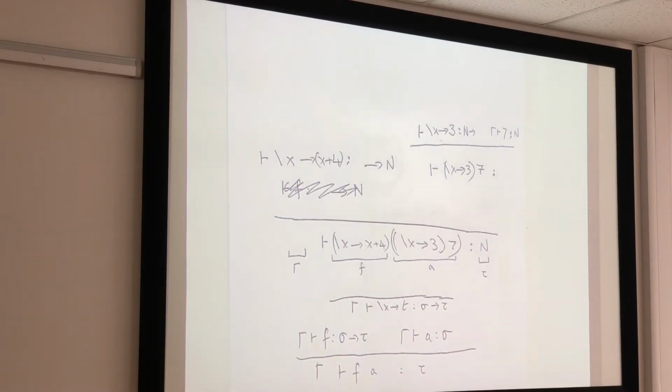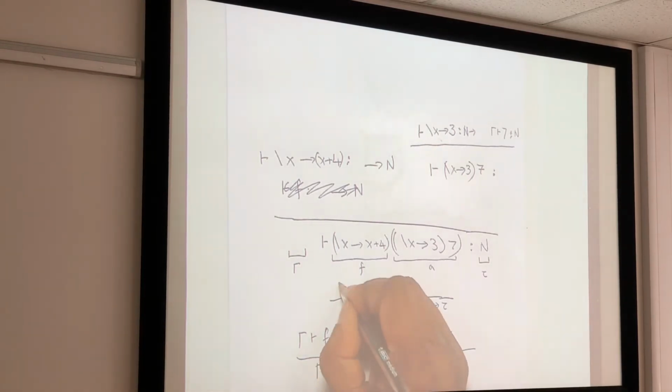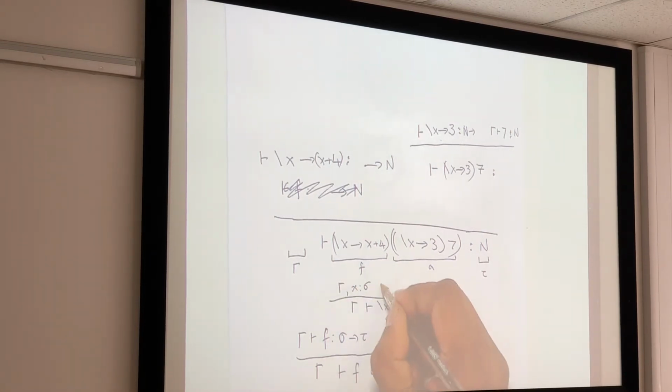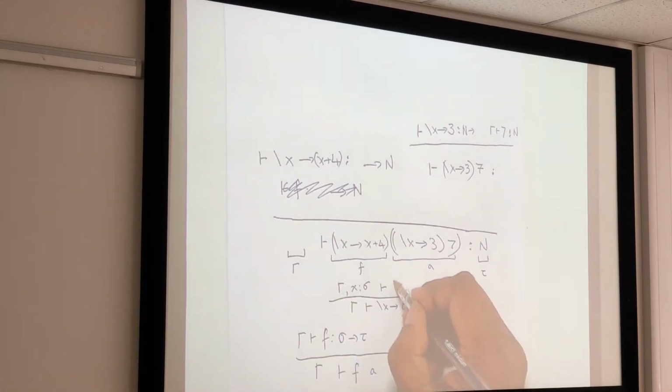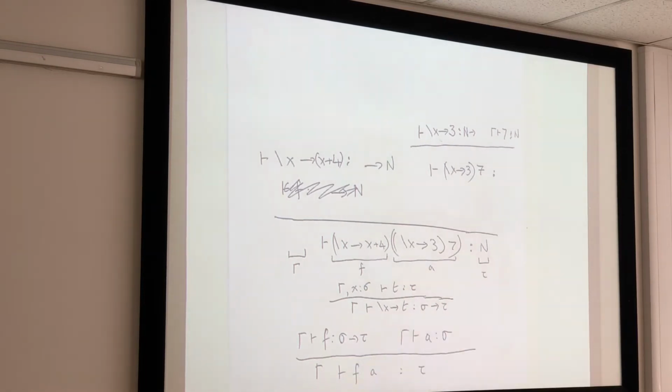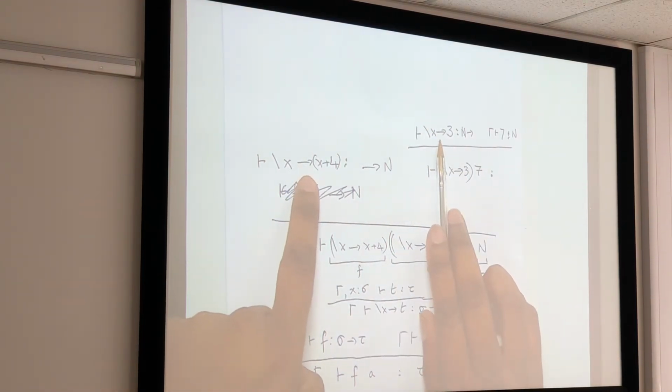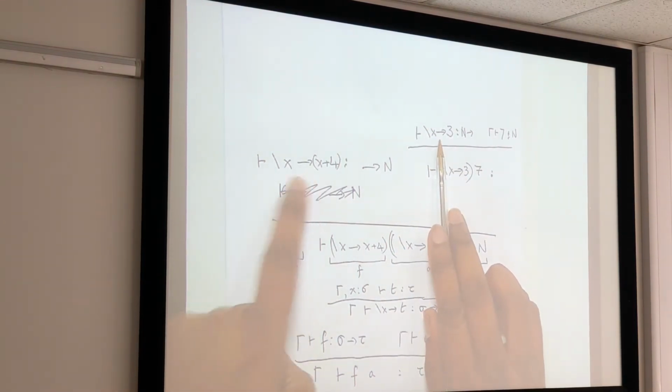So I can show that a function, lambda x arrow t, has type sigma arrow tau, if I can show that when I take x to have type sigma, so I extend the context, then t has type tau. So this is the rule for functions. I've got two functions I need to type, so I'm going to use that rule in these two situations.